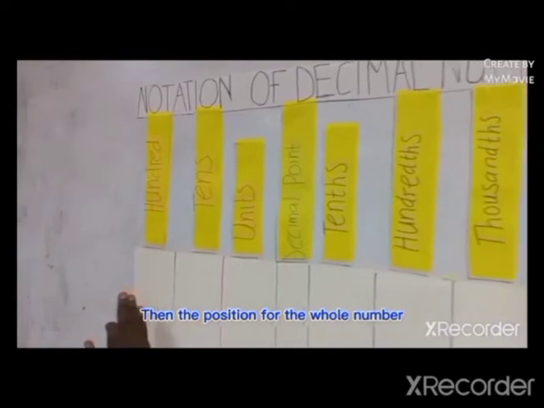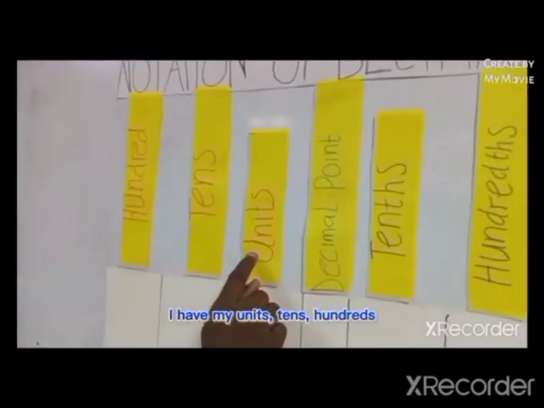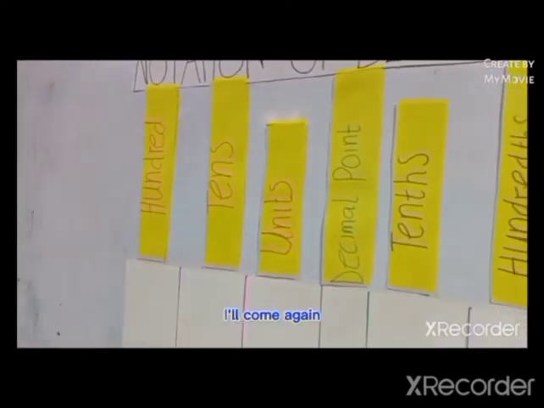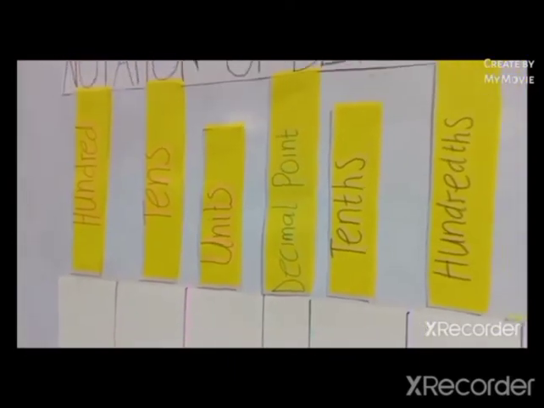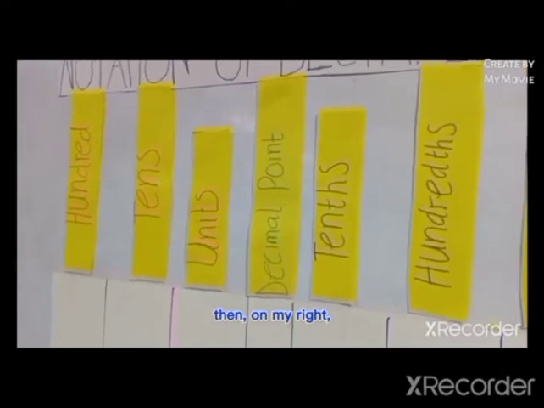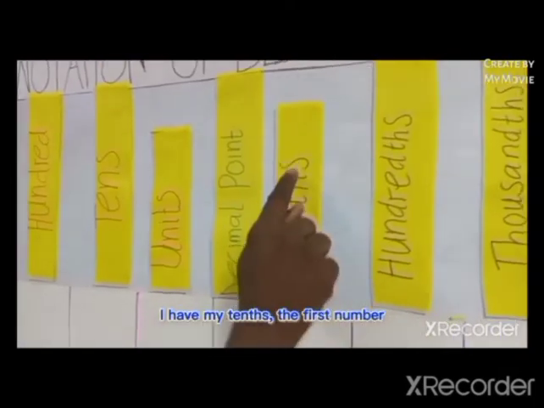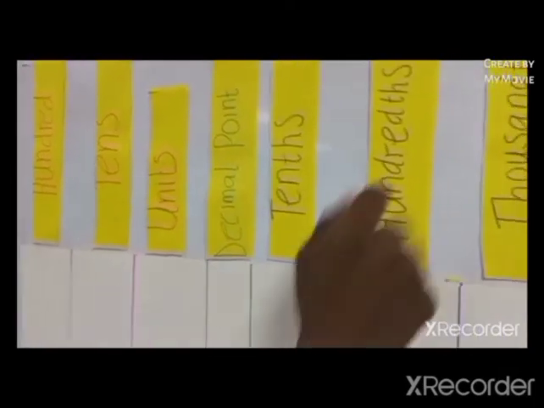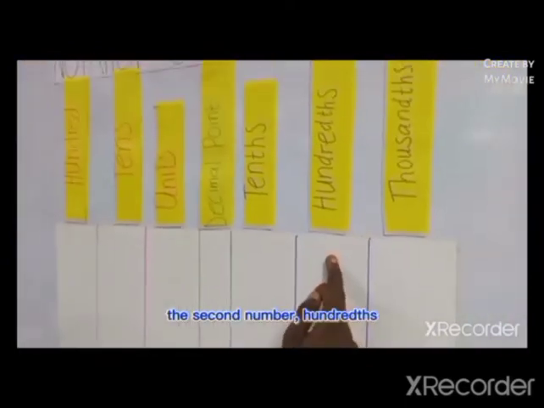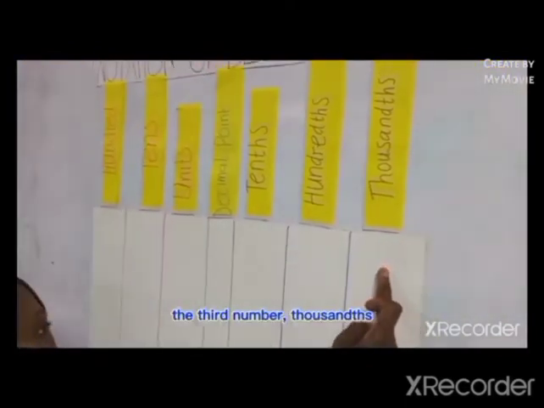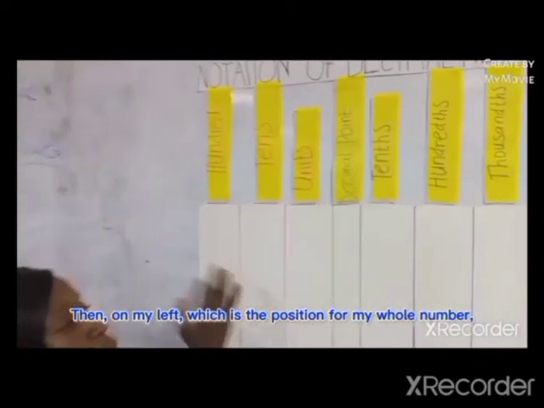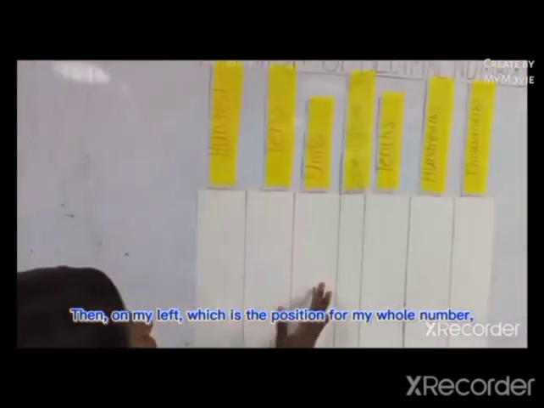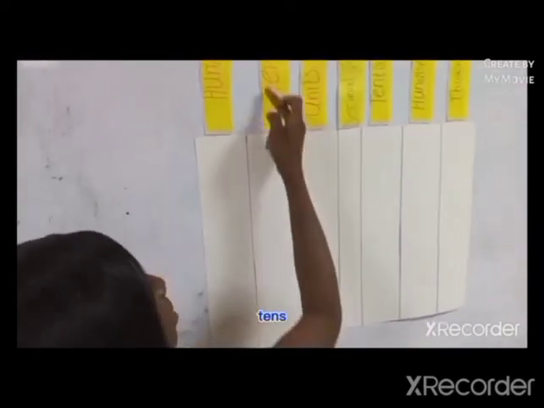Then the position for the whole number, I have my units, tens, hundreds. This is my decimal point in between. Then on my right, I have my tenths, the first number, hundredths, the second number, thousandths, the third number. Then on my left, which is the position for my whole number, I have my units, tens, hundreds.